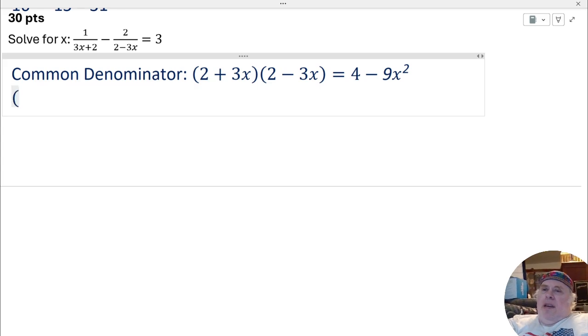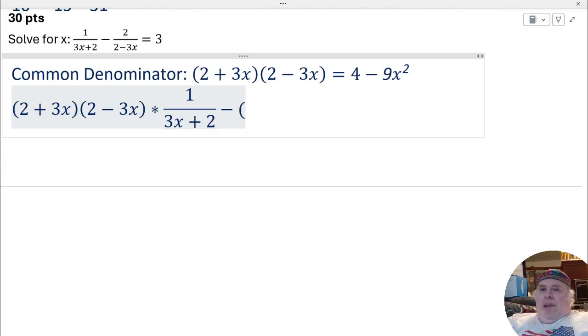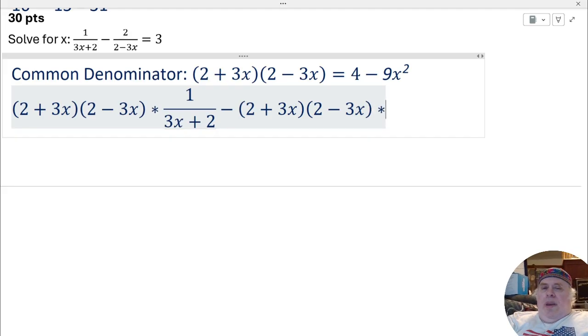So we're going to take 2 plus 3x times 2 minus 3x times 1 over 3x plus 2. And then we're going to subtract from this 2 plus 3x times 2 minus 3x times 2 over 2 minus 3x.